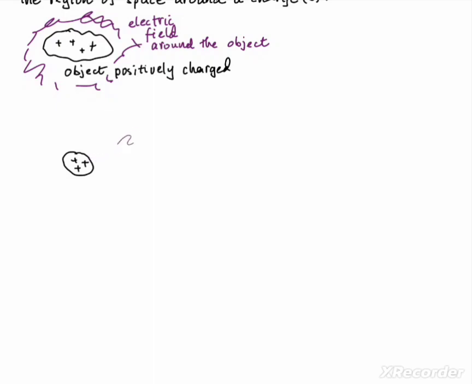So let's bring a positive test charge close to the charged particle. And you see that they repel, because our test charge is positive and the object we are looking at is positive. So the arrow at the positive test charge would point away. So this is an electric field line.